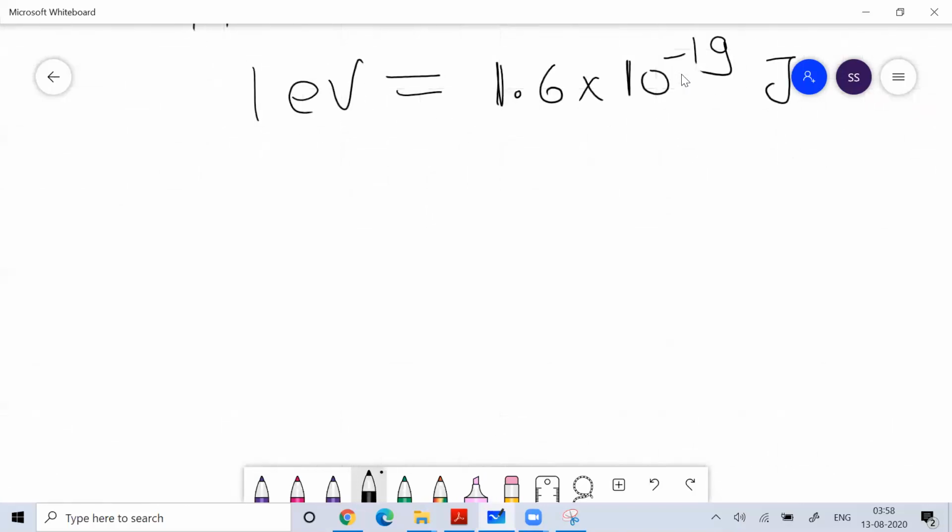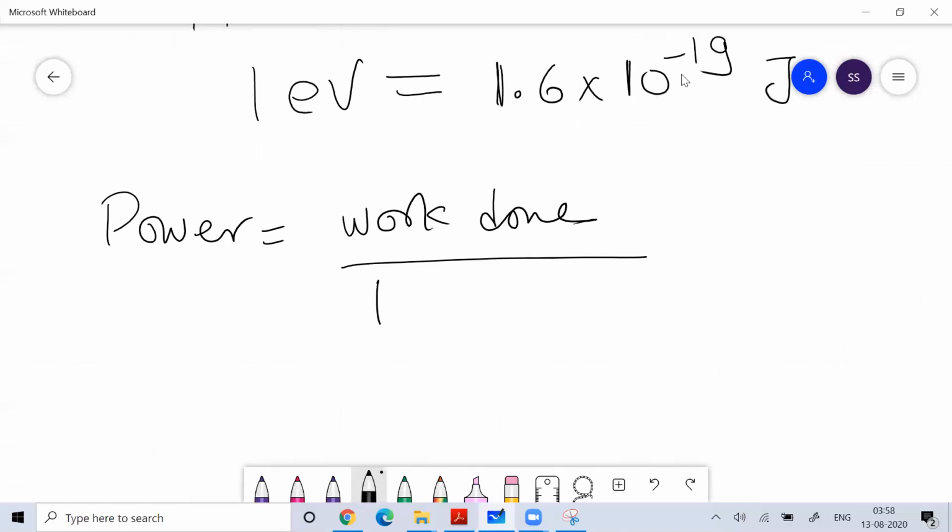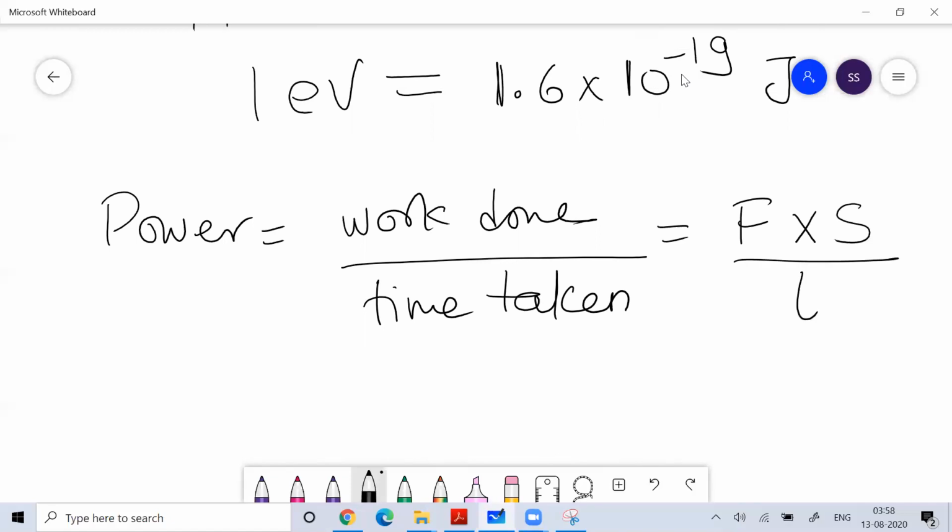And if I'm talking about power, your power basically is the work done divided by the time taken. So that is the basic definition of power. And here I can say work done is equal to force into displacement, divided by time taken.